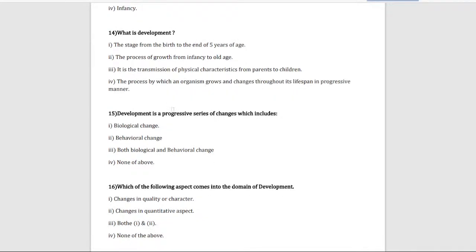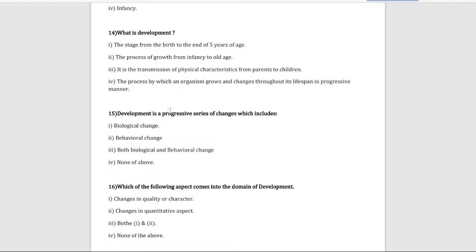Question number 14. What is development? First, the stage from birth to the end of 5 years of age. Second, the process of growth from infancy to old age. Third, it is the transmission of physical characteristics from parents to children.